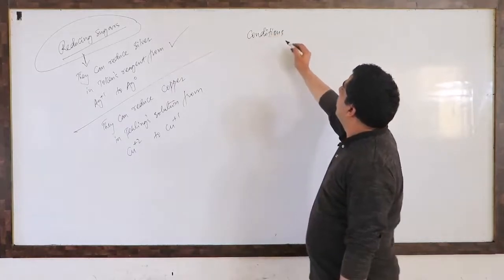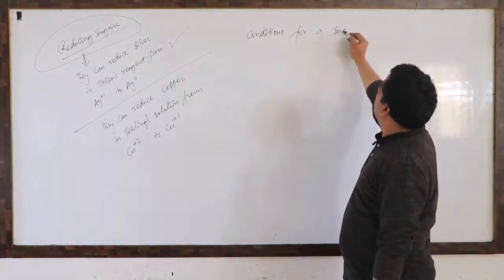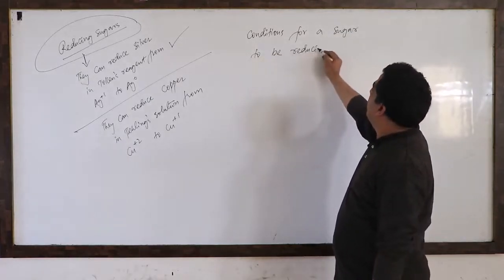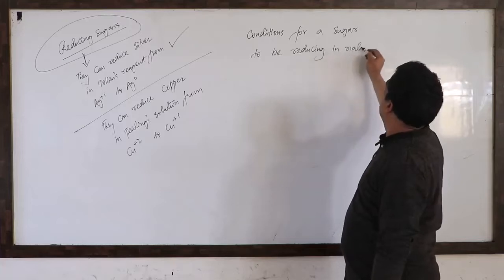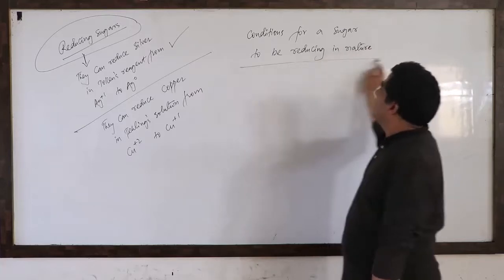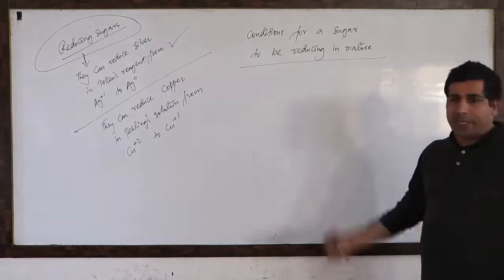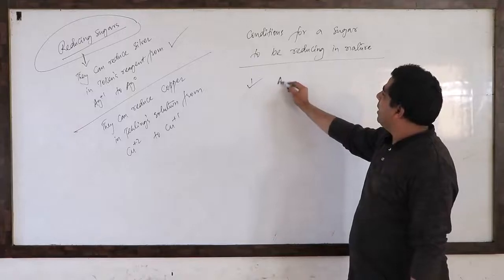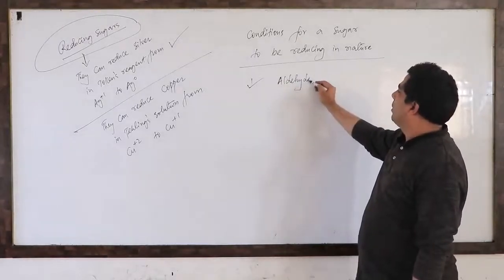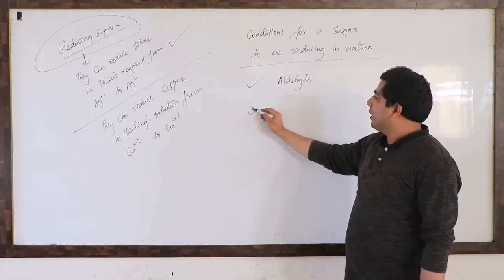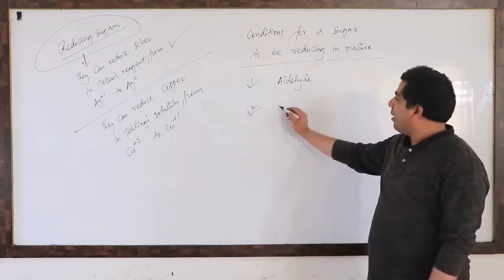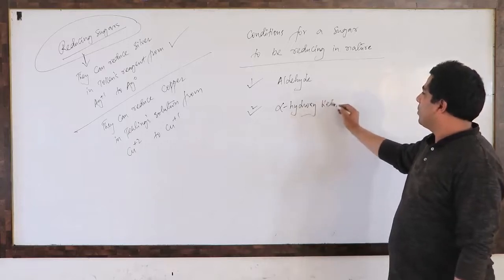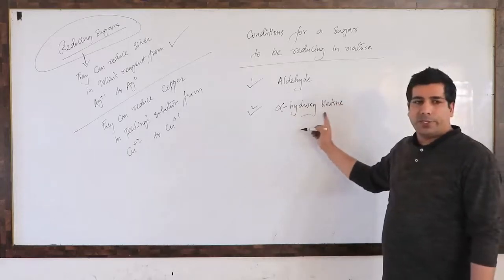So now what are the conditions for a sugar to be reducing in nature? Let us see. The first is it should have an aldehyde group. Aldehyde is required. Second point is that it should have alpha hydroxy ketone. So this sugar will also be a reducing sugar.